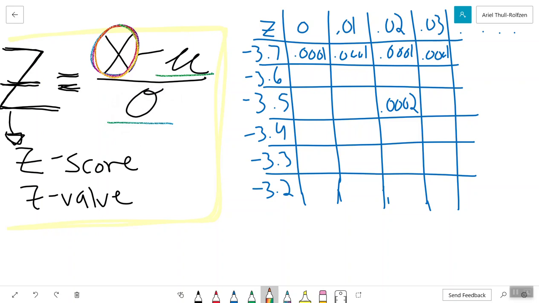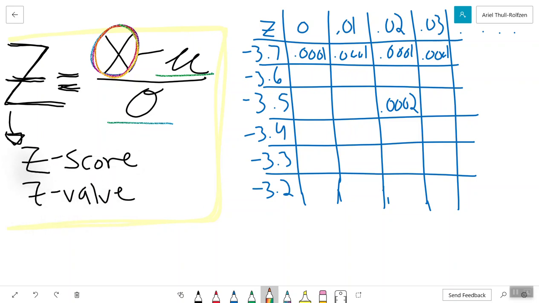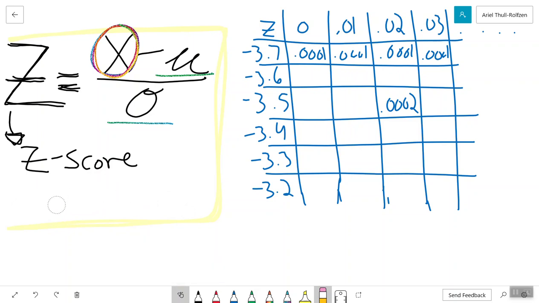And what I'll get in the end is my z, or my z-score, or you can call it a z-value. Z-score and z-value are exactly the same thing, just two different ways of saying it. I always say z-score, so I'm going to erase z-value. Now we're just going to use z-score.